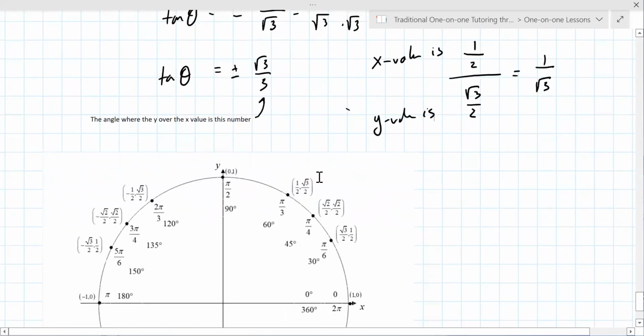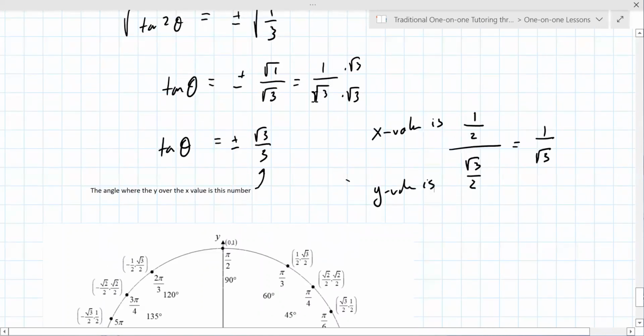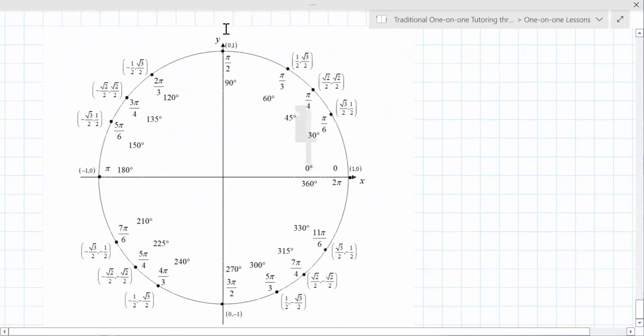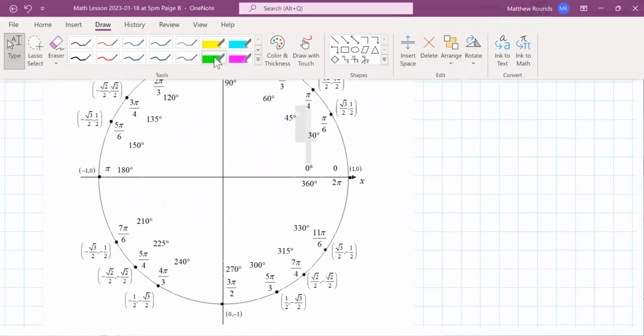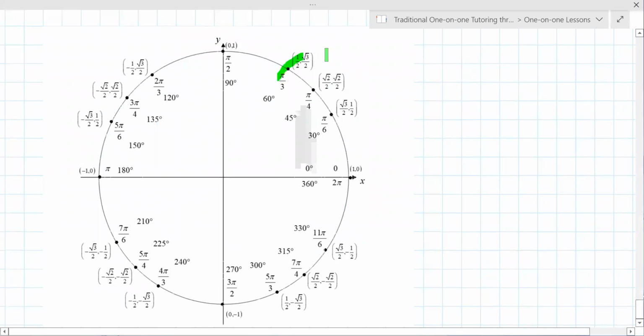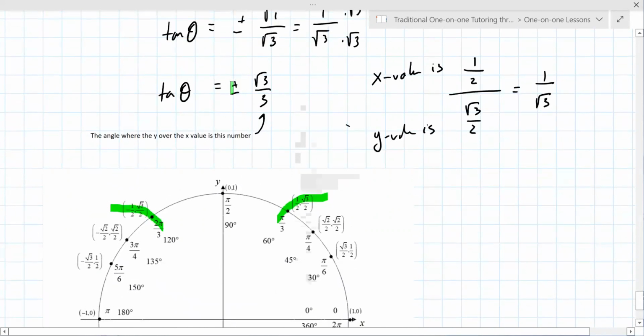So like right here at pi/3, the x value is 1/2, the y value is root 3/2. It becomes 1 over root 3, which you saw earlier, and then that rationalizes to root 3/3. So this unit circle is super critical to know that, oh yeah, it's that one. And then it's also this 2 pi/3. And the reason is because we also allow for plus or minus.